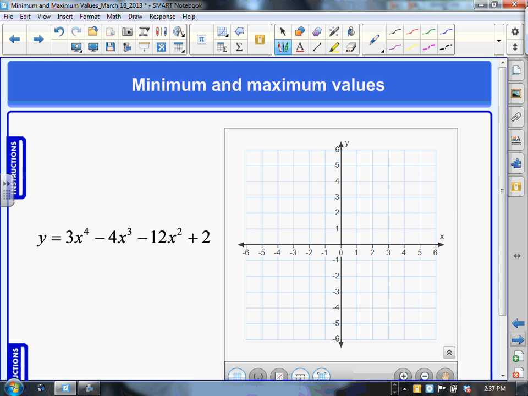So with this one here, we have a quartic function, positive lead coefficient, even degree. We know that the graph itself is more than likely going to have some form of W shape to it.